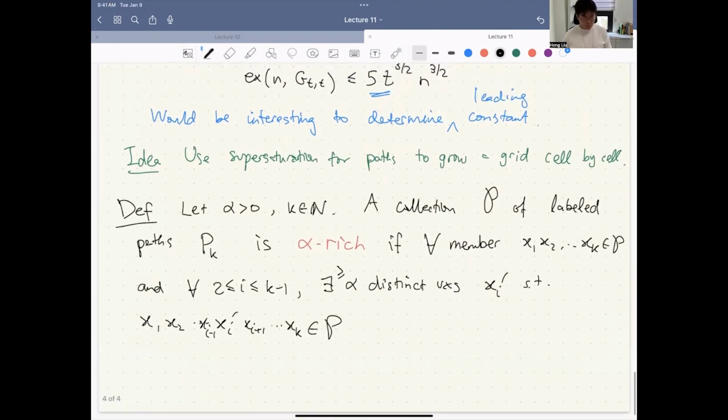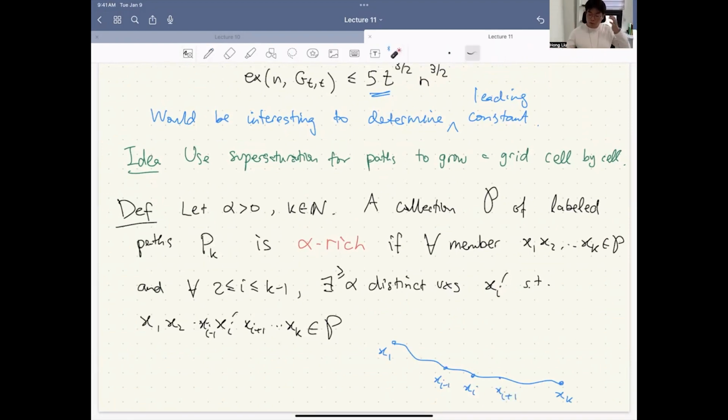Let me draw a picture. For any path x1 to xk, you have xi here, xi minus 1, xi plus 1. We say a collection of paths of order k is rich if no matter which path you grab in your collection, and no matter which vertex you grab in this path, we have many ways to replace it to obtain a different path still in this collection.